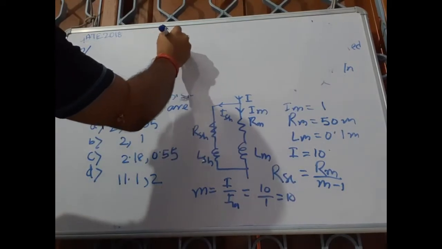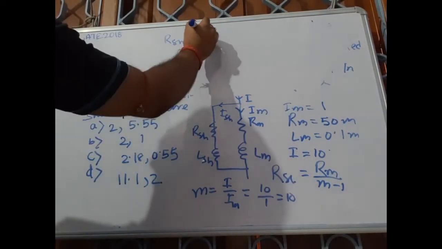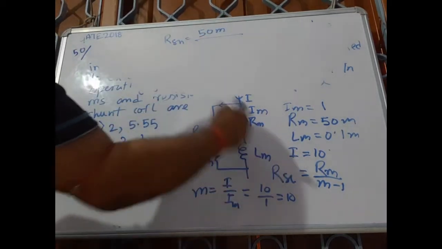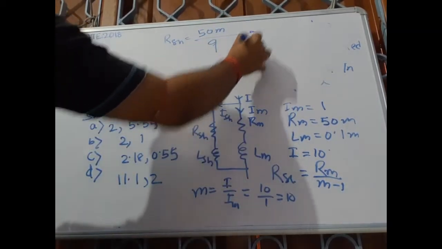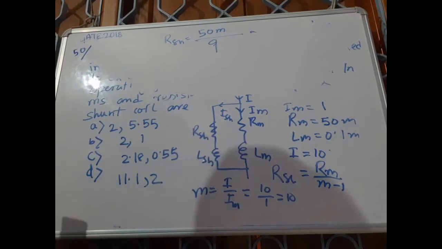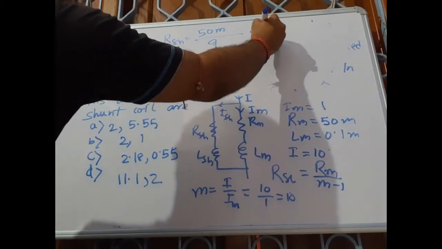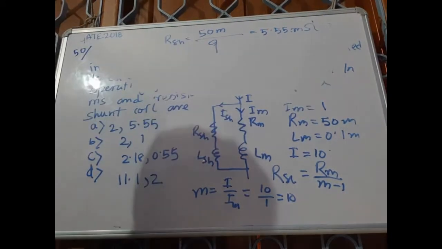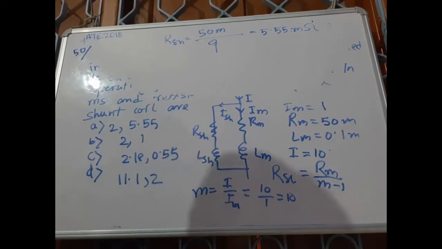So Rsh is equal to Rm, which is 50 milli, divided by 10 minus 1, which is 9, and that is equal to 5.55 milliohm.